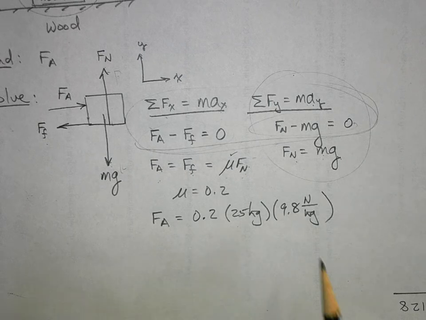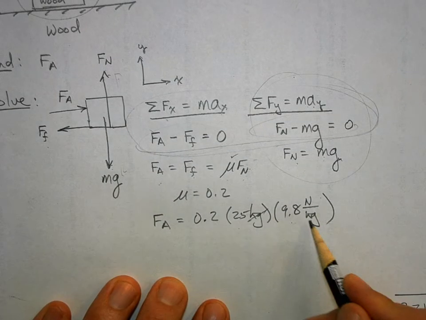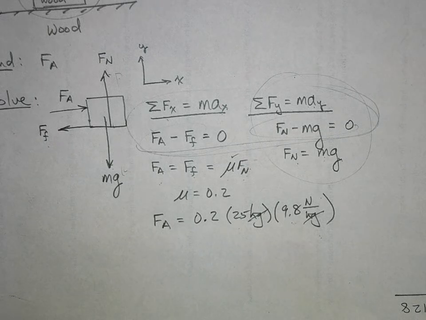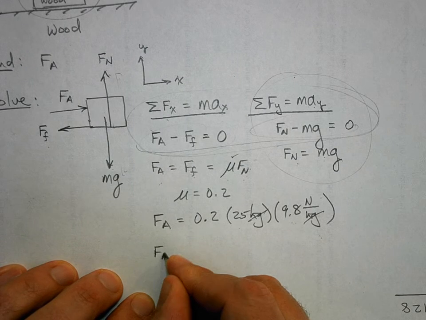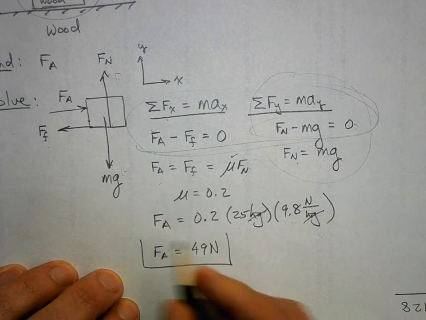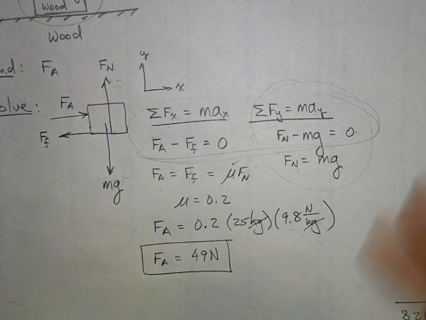So this is really the strength of gravity. Gravity on the Earth pulls with 9.8 newtons of force per kilogram of mass, so the kilograms cancel. I'm going to get newtons. And when you multiply all that out, 0.2 times 25 times 9.8, you get 49. And that's the answer to our problem.